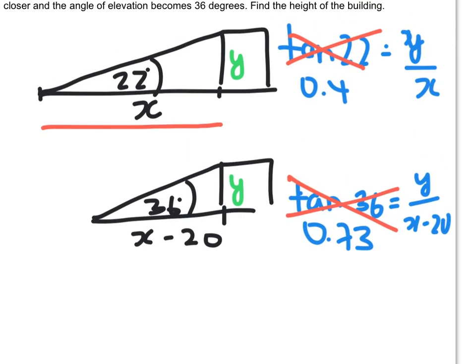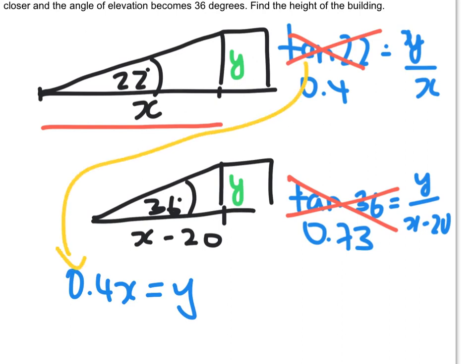So if we look at the first expression at the top, you have 0.4 equals y over x. So just to use our knowledge of algebra, that means that to clear the x from the bottom, multiply both sides by x, you're going to have 0.4x equals y. That comes from this expression here.